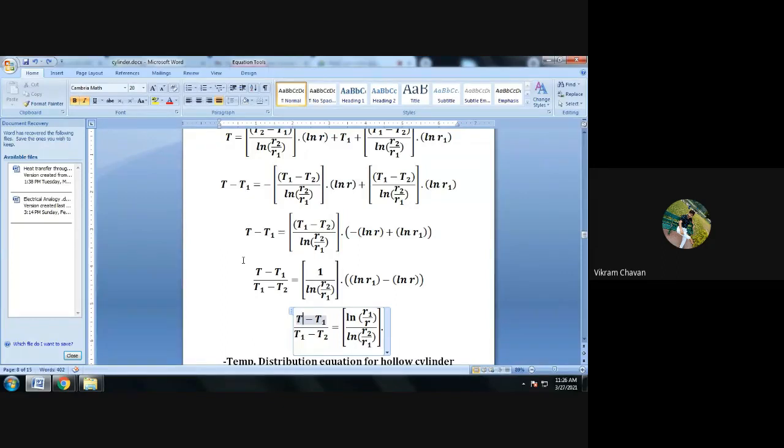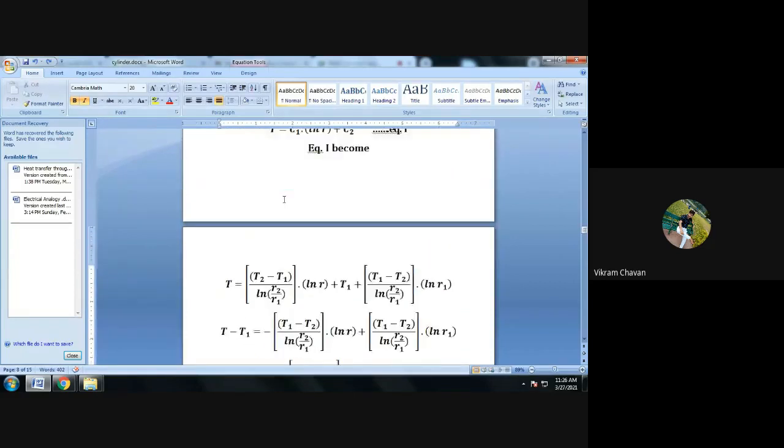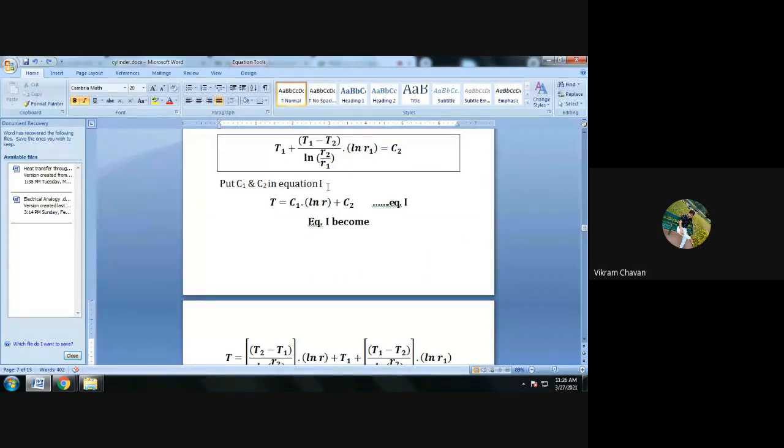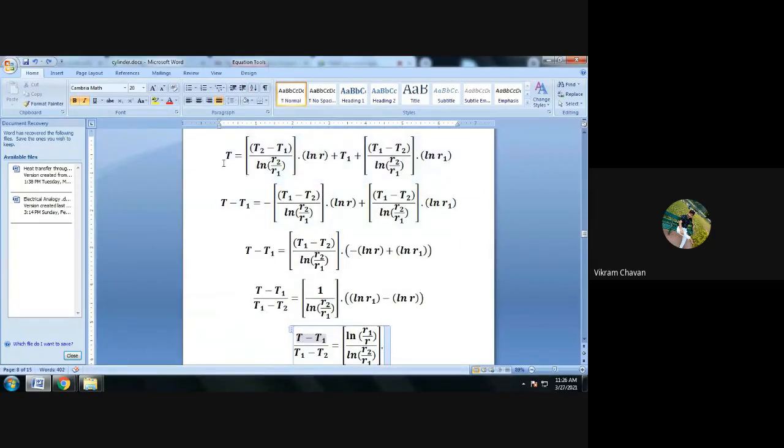Write down. After this, what we have done: put C1 and C2 in equation 1. So equation 1 will become T is equal to the C1 value times ln of R plus the C2 value.